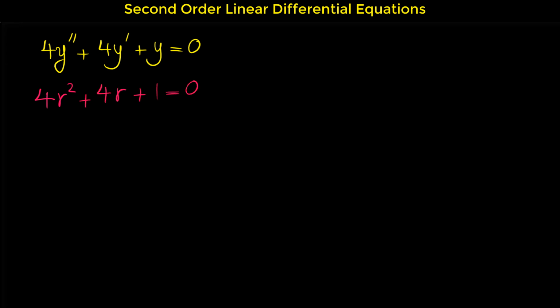This is the characteristic equation of this differential equation. Here you can factor this if you try, or you can use the quadratic formula for finding r. I will show you both methods. First of all, note that we can factor this in this form: 2r plus 1 times 2r plus 1. If you multiply this bracket by this bracket, you get the same expression.